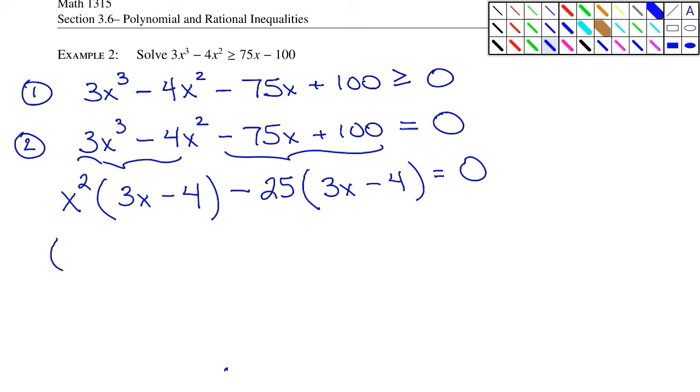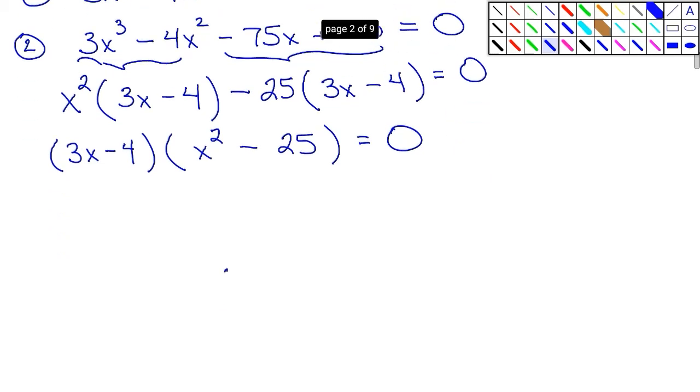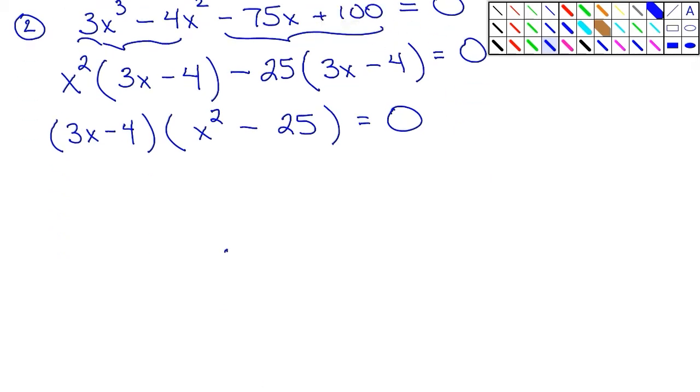Factoring out the 3x minus 4, that leaves me with x squared minus 25. And then x squared minus 25 factors as x minus 5 and x plus 5.